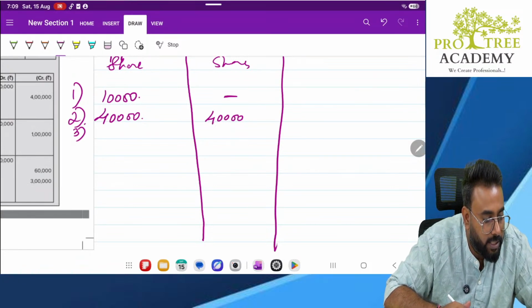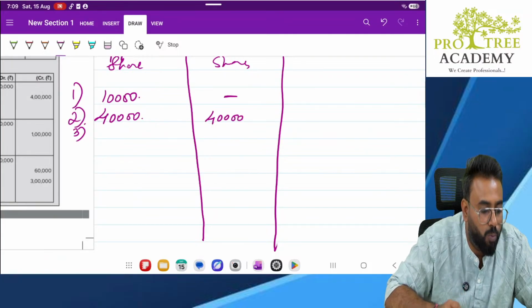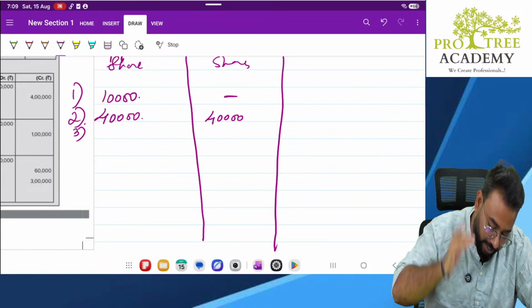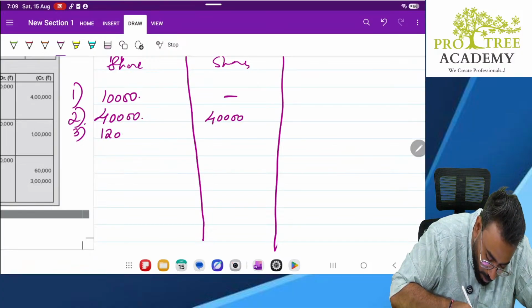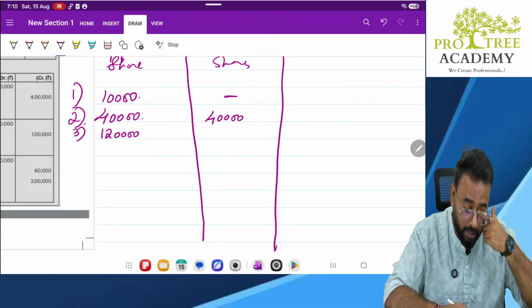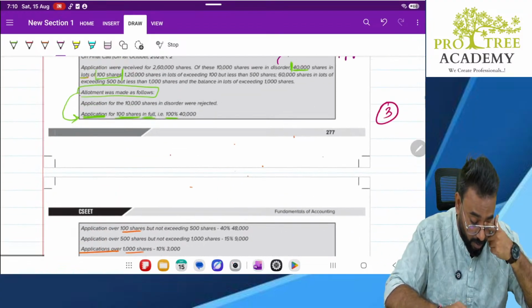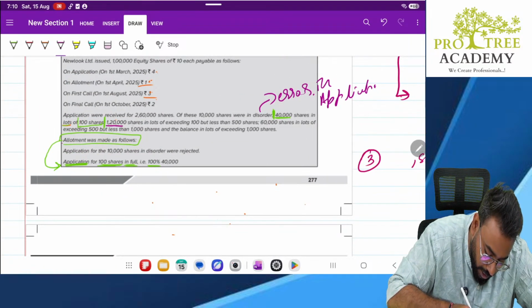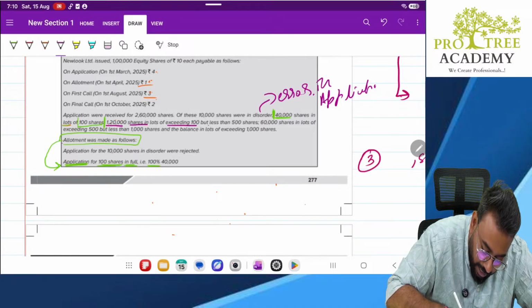Next is 1,20,000 shares were applied in a lot of more than 100 but less than 500. So how many shares were applied? 1,20,000. Now come to the next page. There they have given 1,20,000 shares in lot exceeding 100 but less than 500.